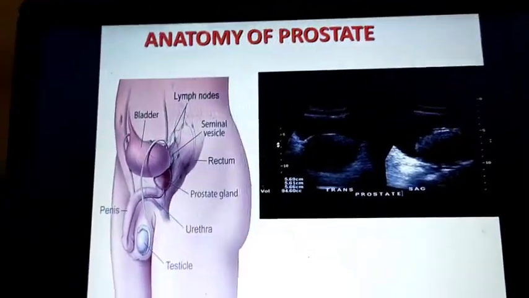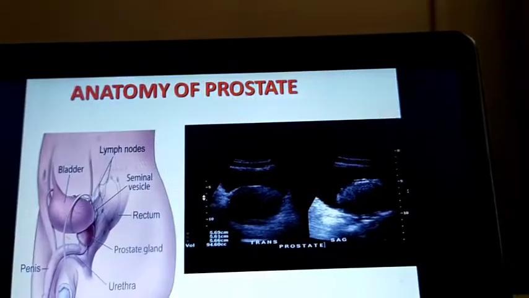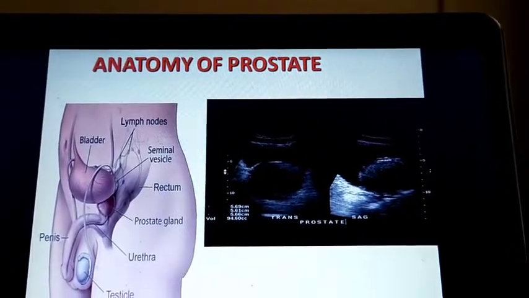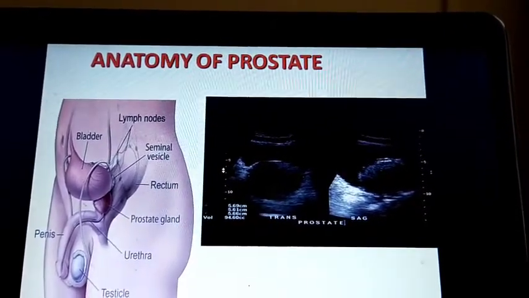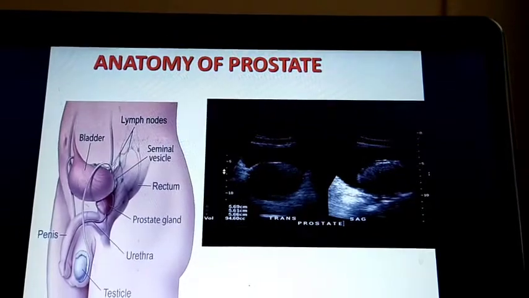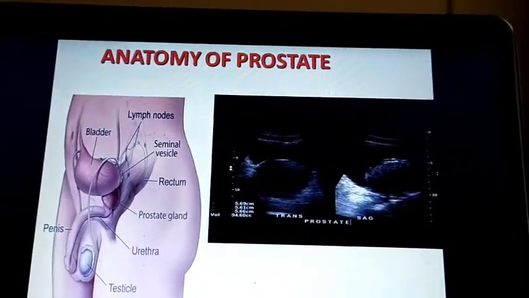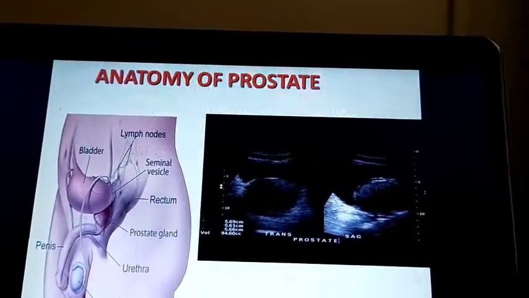It produces the prostatic fluid, and it also covers the urethra. Okay, the ejaculatory ducts open into this prostatic urethra, and the prostatic glands also open into multiple tiny sinuses or openings called the prostatic sinuses.